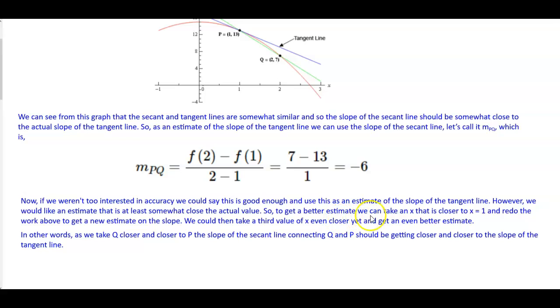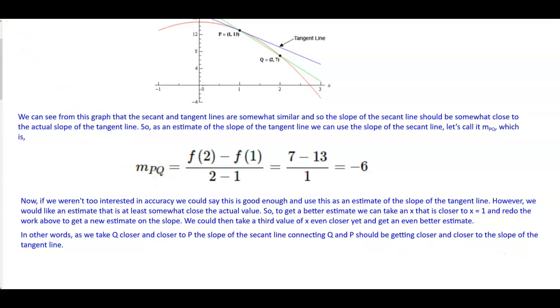So to get a better estimate, we can take an x that is closer to x equal to 1 and redo the work above to get a new estimate on the slope. We can then take a third value of x even closer yet and get an even better estimate. So in other words, as we take Q closer and closer to P, the slope of the secant line connecting Q and P should be getting closer and closer to the slope of the tangent line.